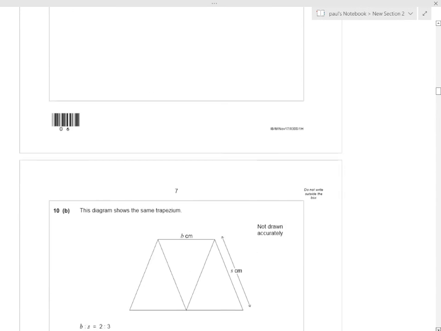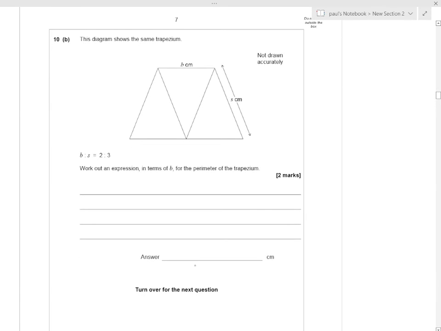Now this one. Work out an expression just in terms of B for the perimeter of the triangle. Right, so we've got between B and S. So we've got a B, a B, and a B, and an S and an S for the perimeter.